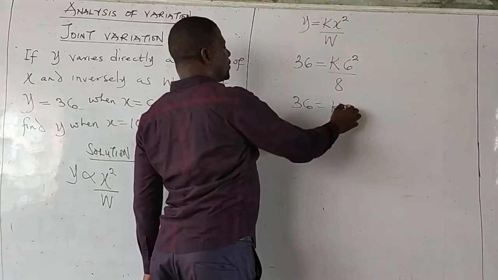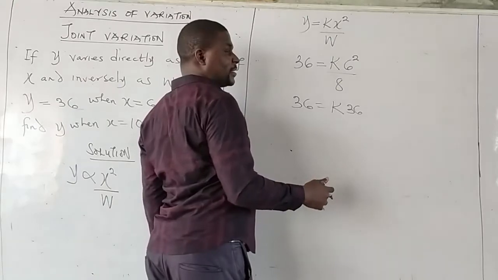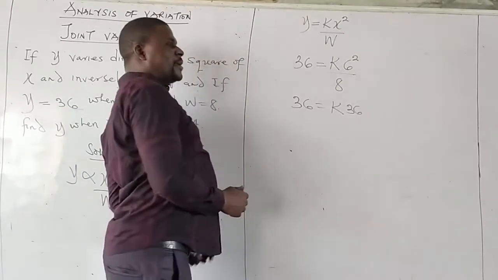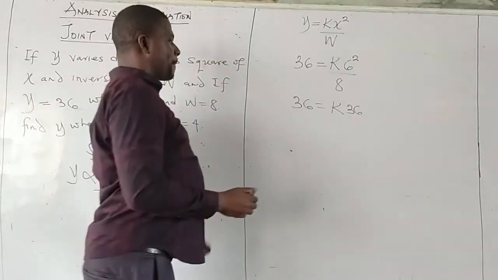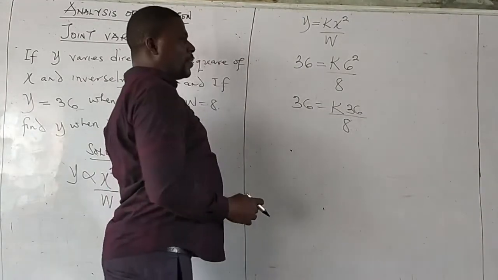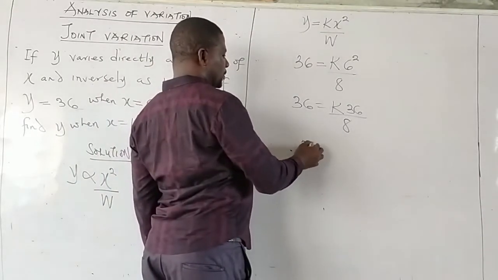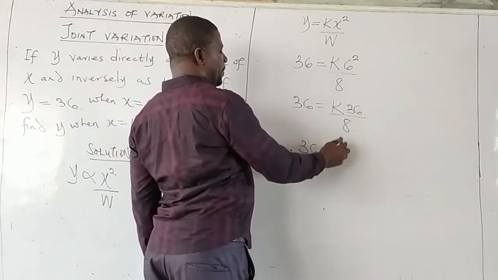What's 6 squared? 36, because 6 squared means 6 times 6. 6 squared does not mean 6 times 2. Over 8. Can 8 go into 36? So 36 divided by 8, what's that?